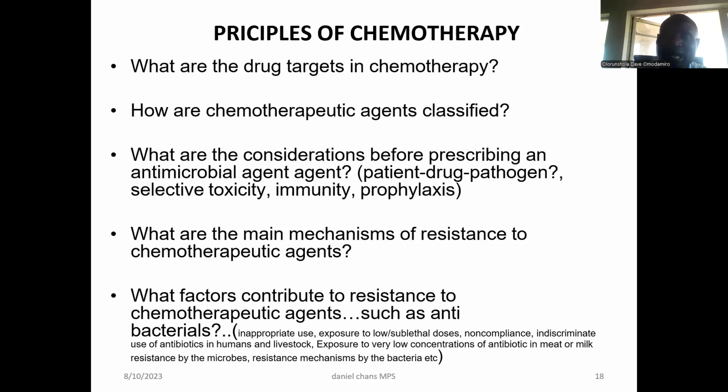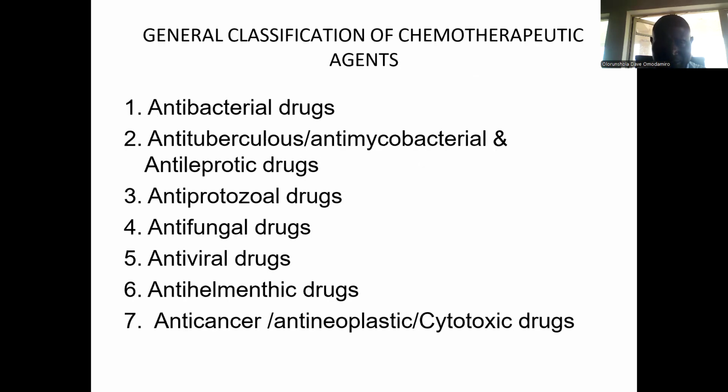And what are the main mechanisms of resistance to chemotherapeutic agents? What factors actually contribute to the resistance to chemotherapeutic agents, such as antibacterials? These are the things we'll be looking at.